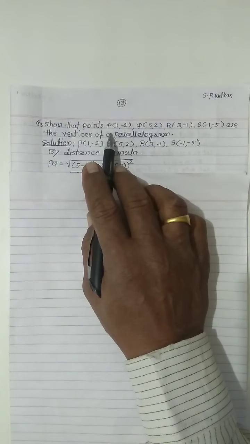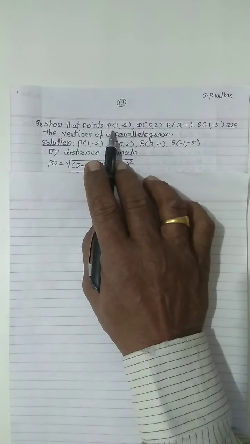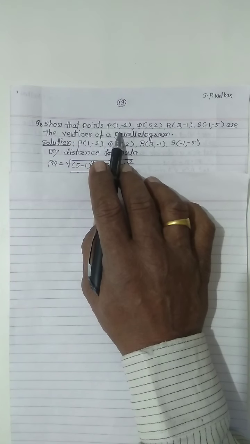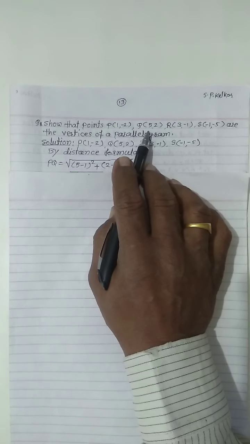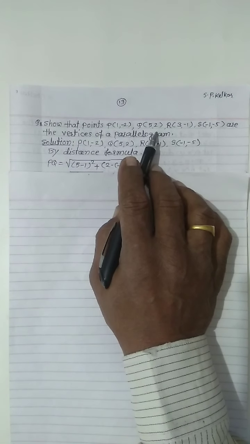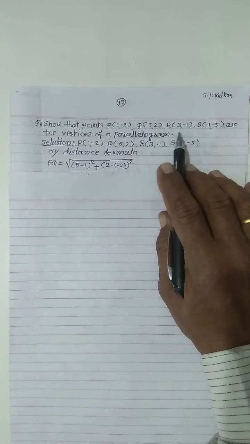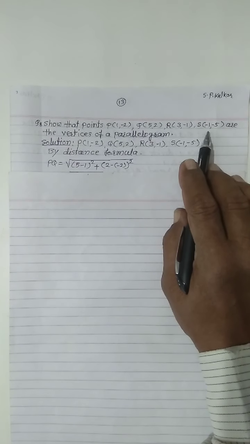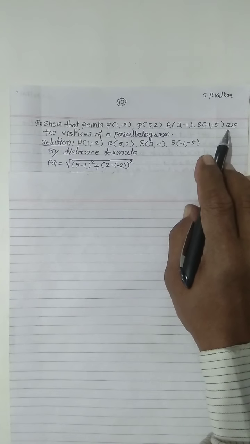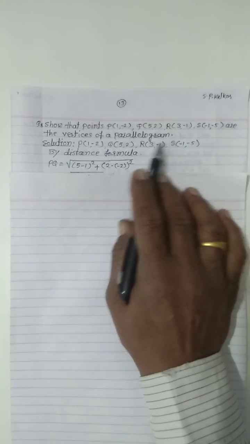Show that the points P (1, -2), Q (5, 2), R (3, -1), S (-1, -5) are the vertices of a parallelogram.